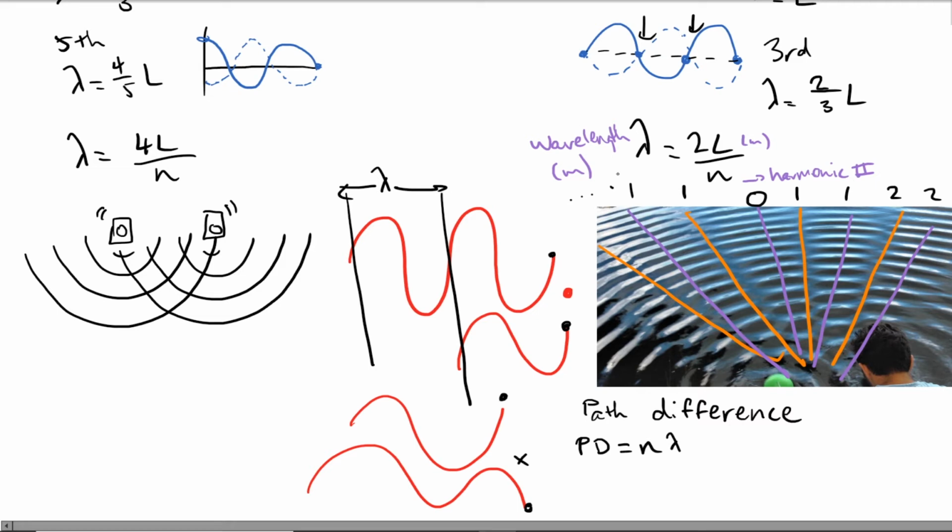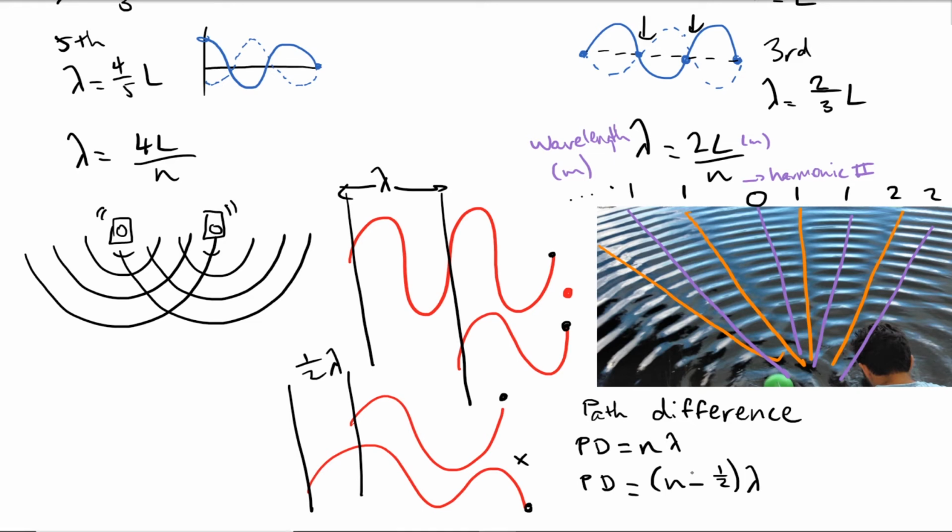On the other hand, if we're looking at a node in orange, a path difference is n minus a half lambda. So for example over here, this would correspond to the first node because the difference is half a wavelength. If we put in n equals 1 over here, we get a path difference of half a wavelength.